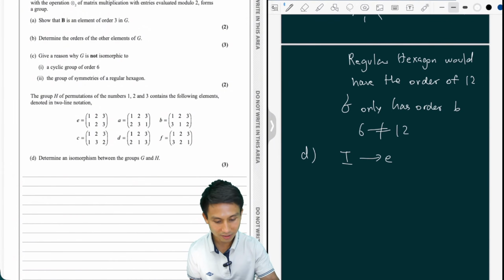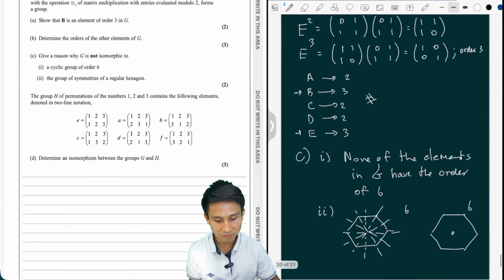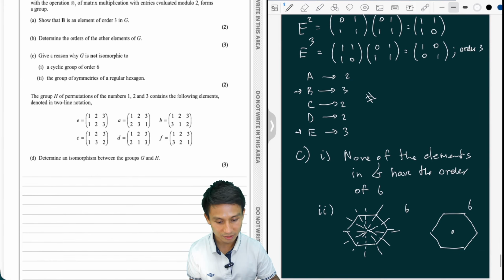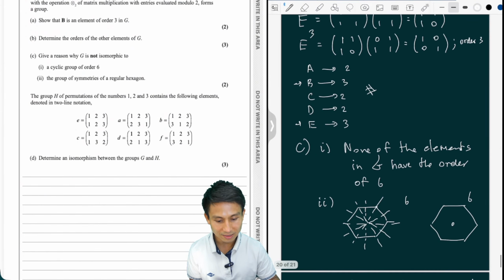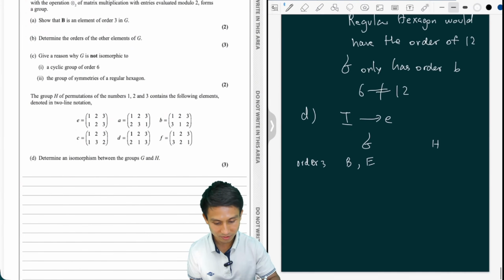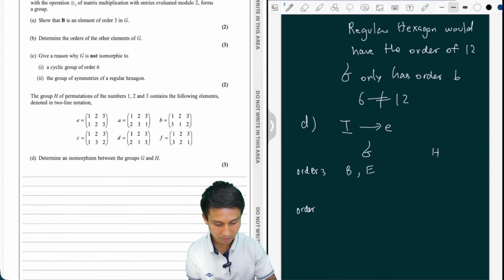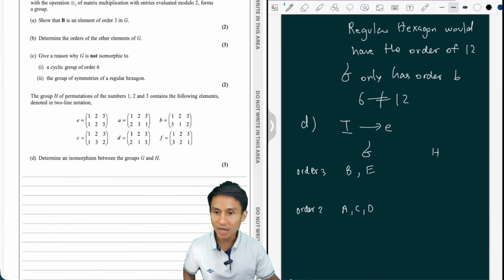So order 3, I'm just going to write it like this: group G and then group H. The third order from group G is B and E, and then A, C, D will be the second order. From group H, we don't know yet.